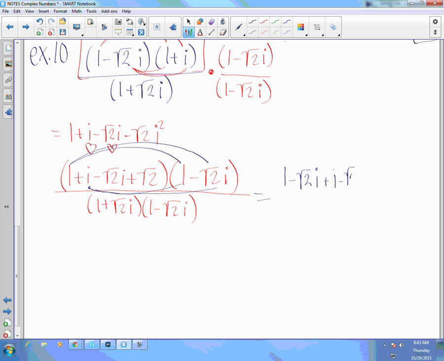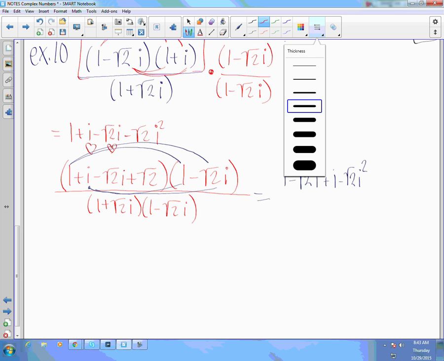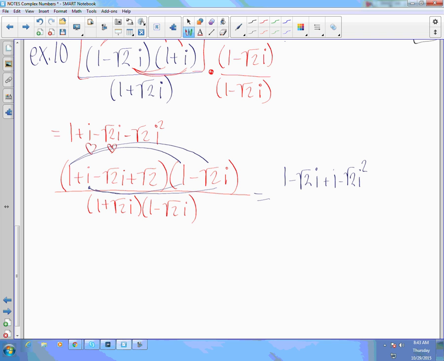Negative root 2 I squared, which we're going to have to fix, I squared, in a minute. Okay? Now we have to take the negative root 2I and times it in. Bryson, what's the negative root 2I times both of those?